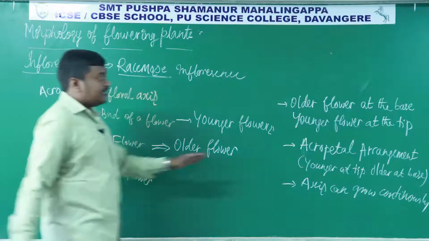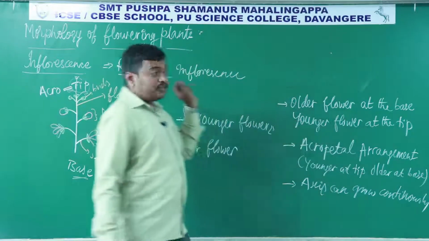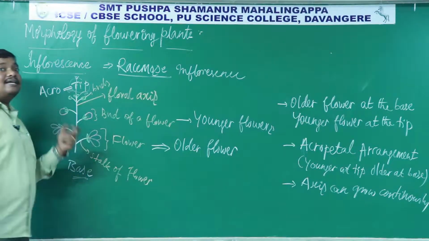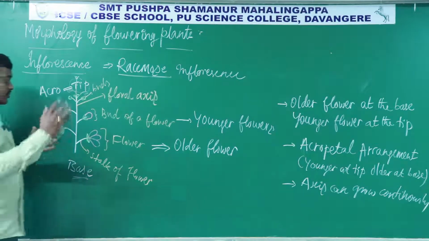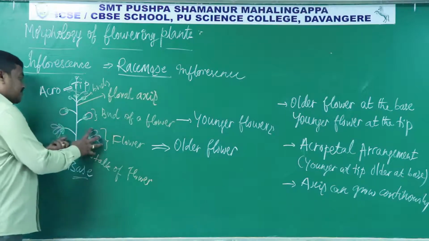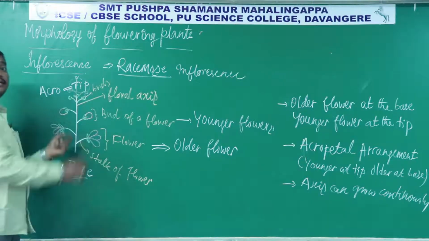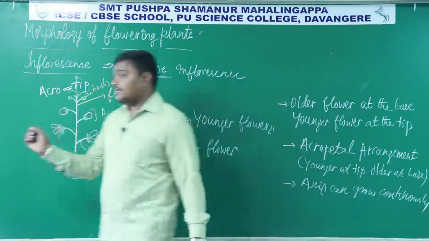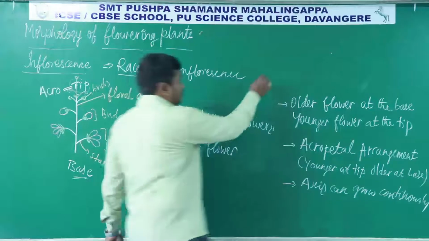This acropetal arrangement is not only applicable to flowers, even the same pattern is followed for the arrangement of leaves also. In plants, older leaves are present at the base and younger leaves at the tip.